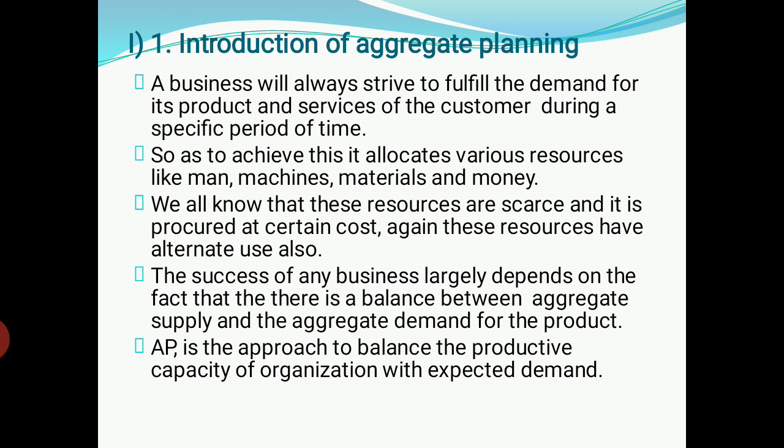Aggregate planning is such a kind of planning wherein we take up the demand on one side and supply on the other side, and when we want to balance the generated or predicted demand, we plan the aggregate supply and aggregate inputs that we need, and then we try to balance the demand with the amount of supply that we have.